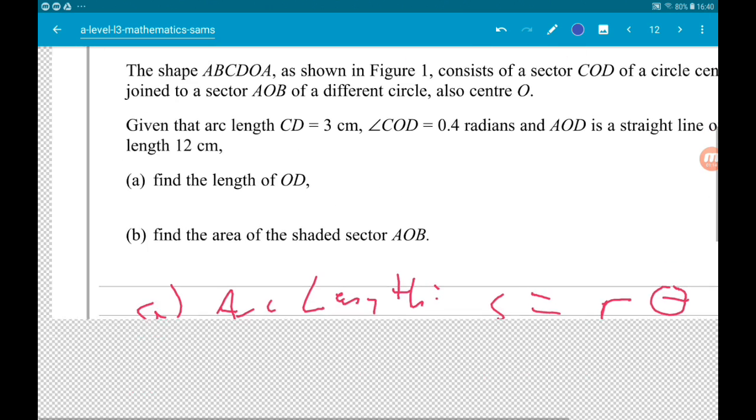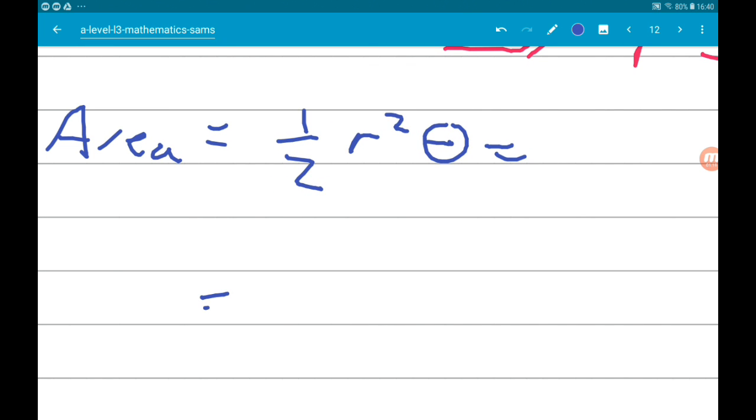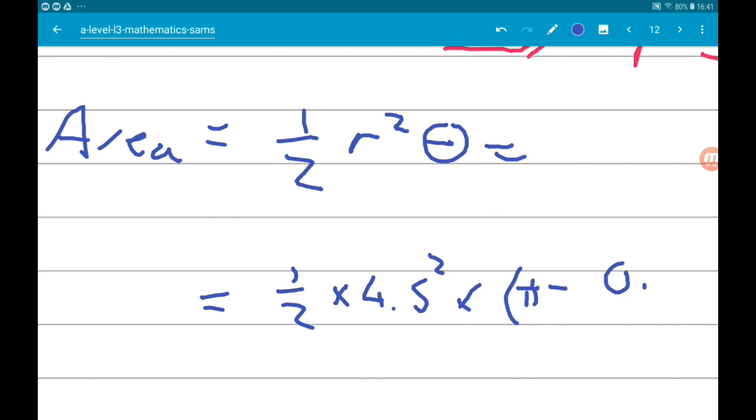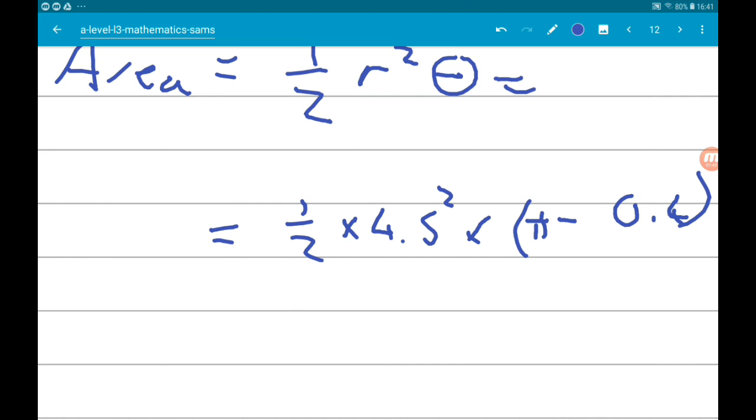So, our area then is 1/2 times 4.5 squared times pi minus 0.4. And then for that, we should get 27.76 centimeters squared.